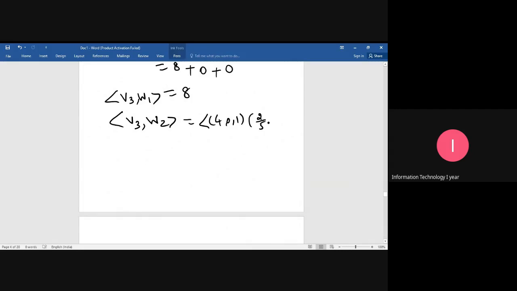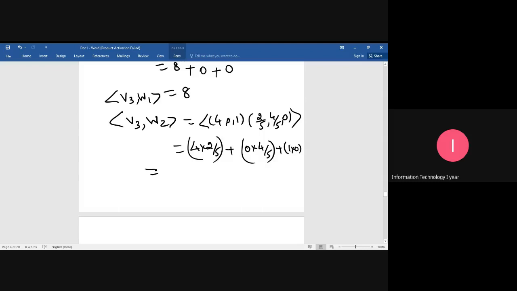So multiply: 4 into 2 by 5, plus 0 into 4 by 5, plus 1 into 0. This is the inner product multiplication.